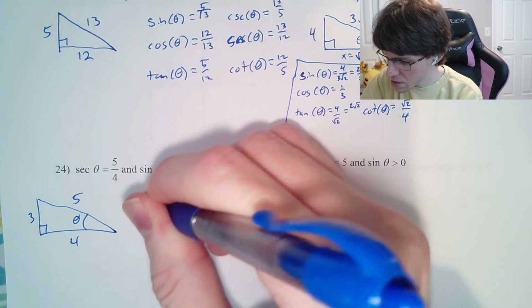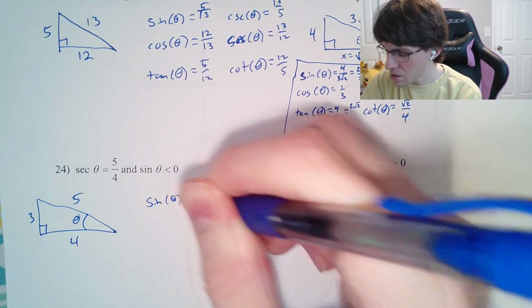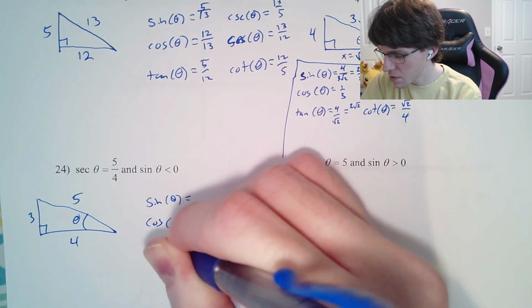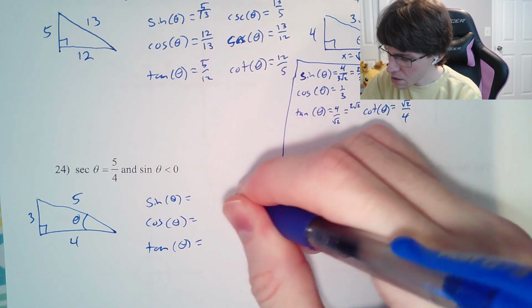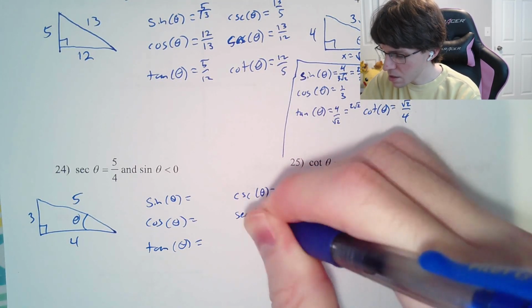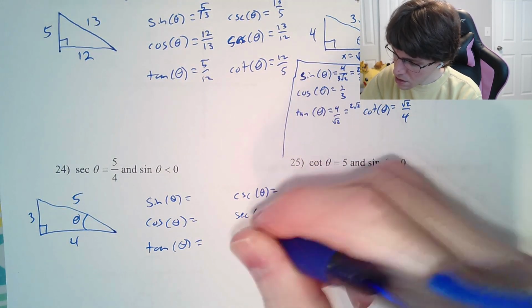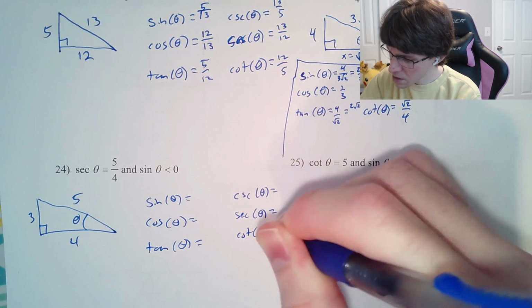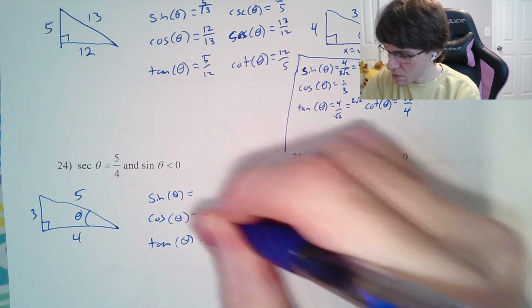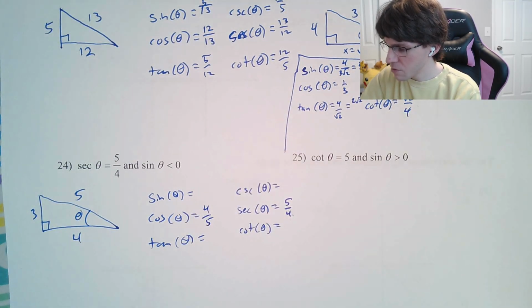We have the sine of theta equals, the cosine of theta equals, the tangent of theta equals, the cosecant of theta equals, the secant of theta equals, the cotangent of theta equals. All right, so we have our secant is 5 over 4. That means our cosine is an easy one, 4 over 5.